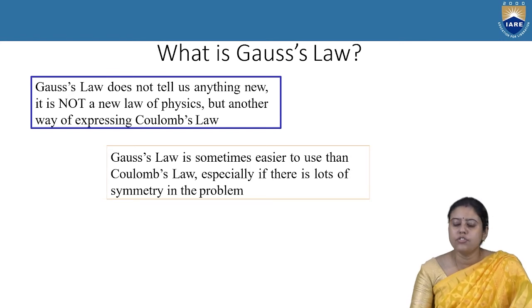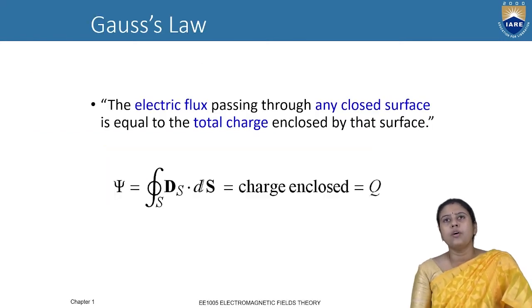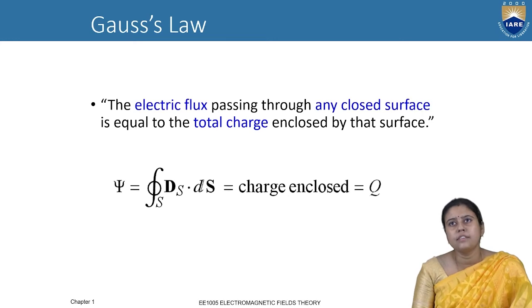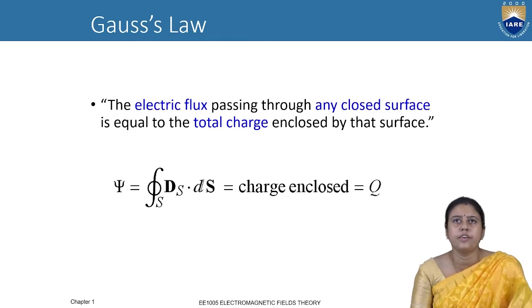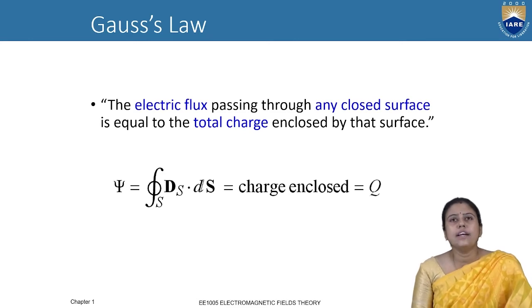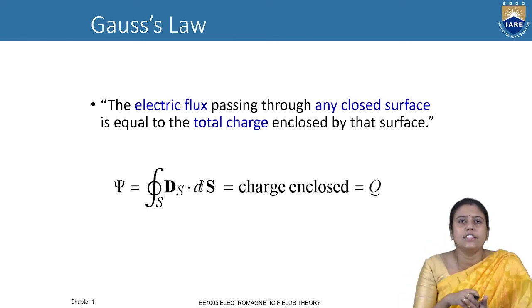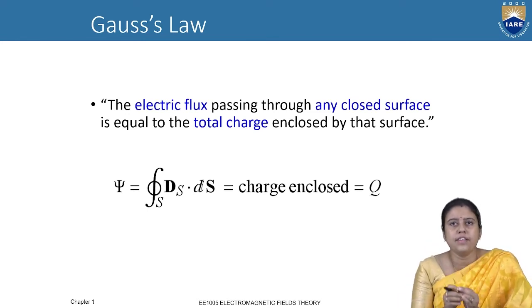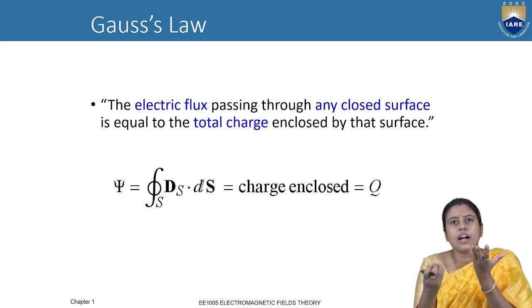And what is the Gauss Law? According to the Gauss Law, the electric flux passing through any closed surface is equal to the total charge enclosed by the surface. So what does it mean? If we have a closed surface and any charge is inside it, the lines of flux will come out.